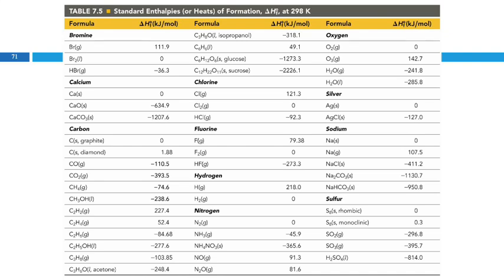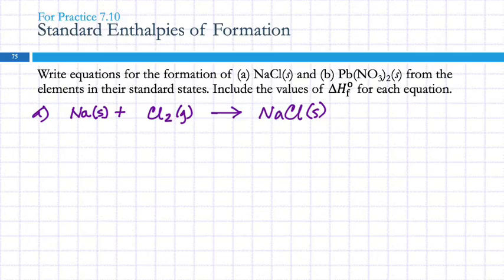So we look under chlorine, and it does show Cl, gas, but that doesn't have a heat of formation that's 0. It's Cl2 that has the heat of formation 0. And under sodium, you see Na solid is the 0. So we've got our standard state elements, and then we balance the equation.